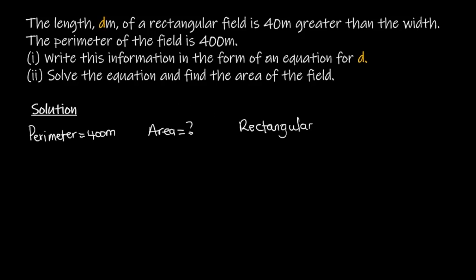All right, so let's do the deductions. They said the length D in meters of a rectangular field is 40 meters greater than the width.